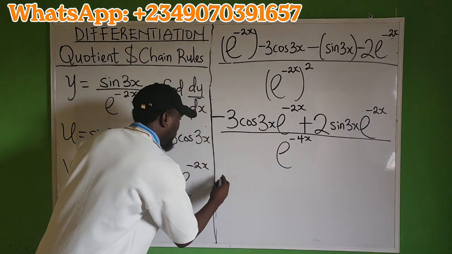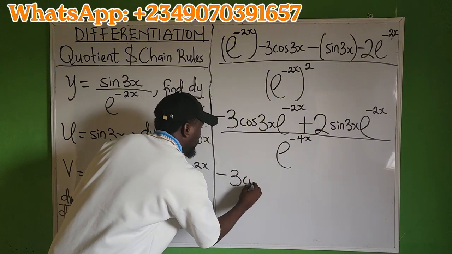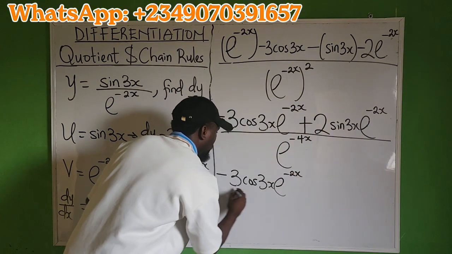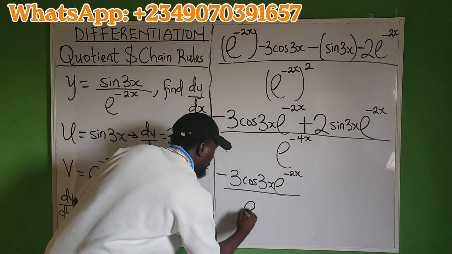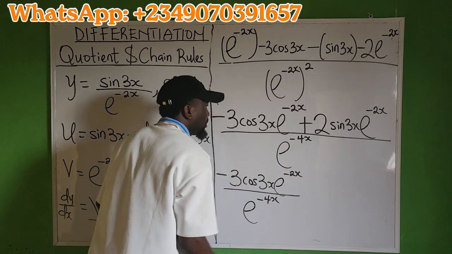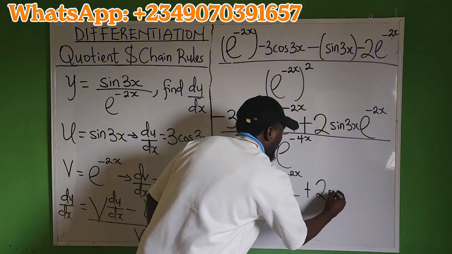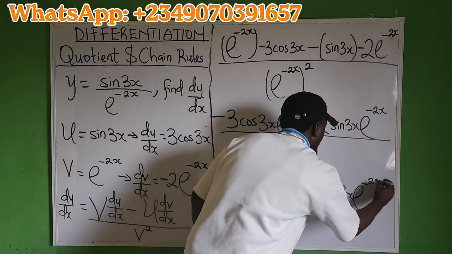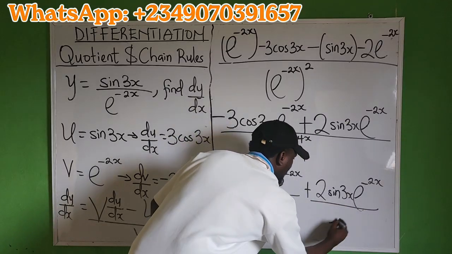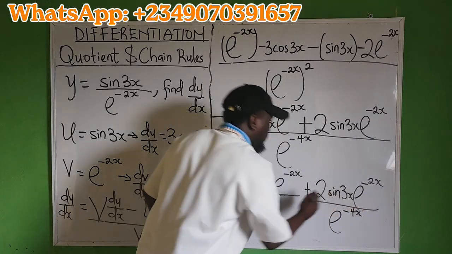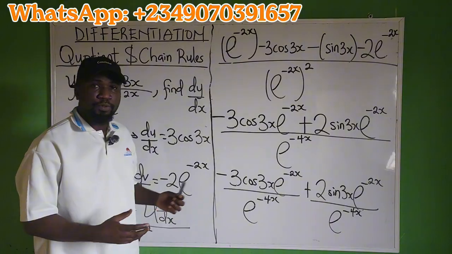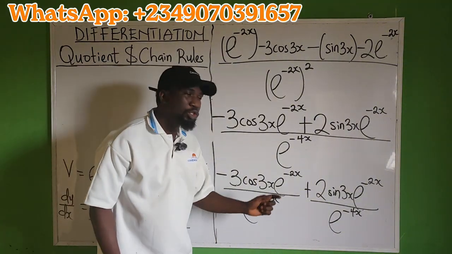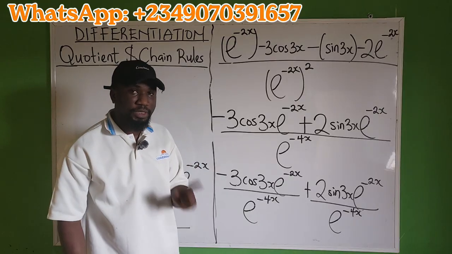So for this one, I'm going to have negative 3 cos 3x exponential negative 2x, divided by exponential negative 4x, then plus 2 sine 3x exponential negative 2x, divided by exponential negative 4x. What's the next thing? We are also going to consider one of the laws of indices.